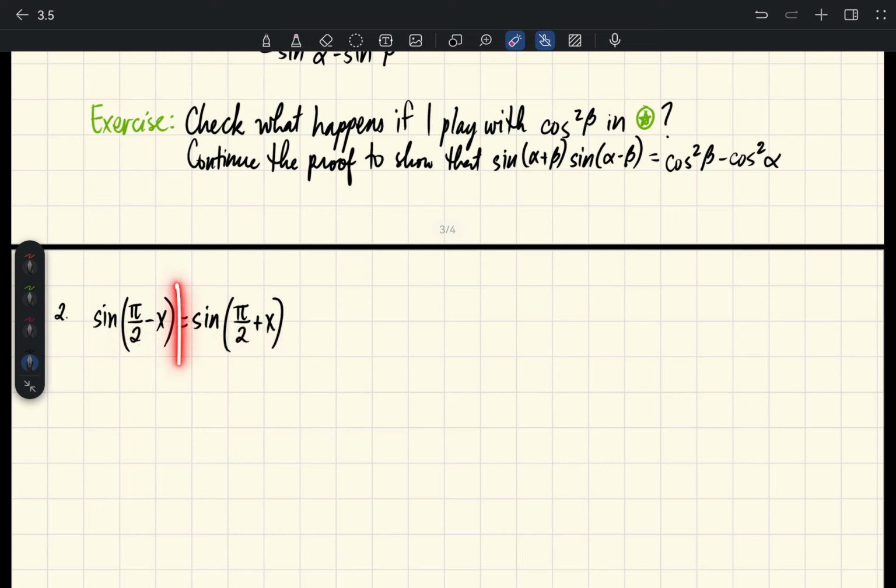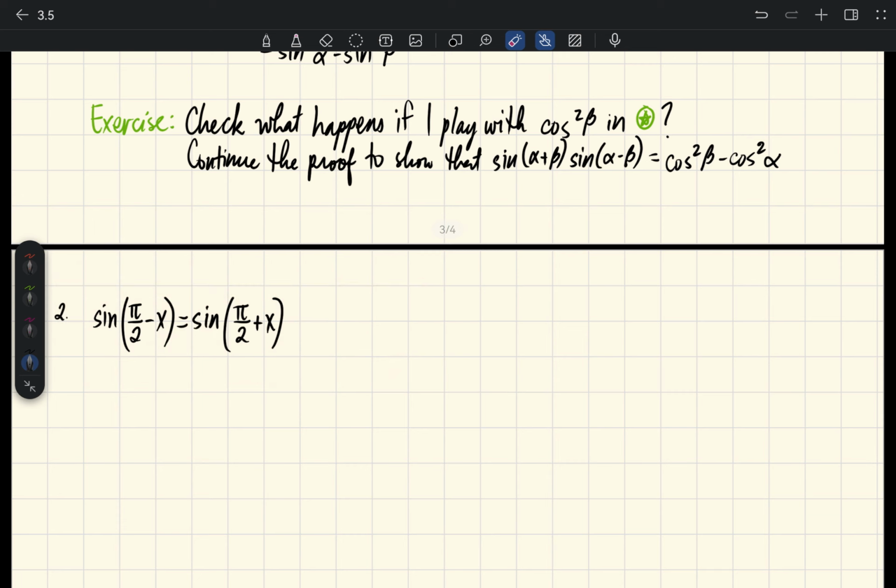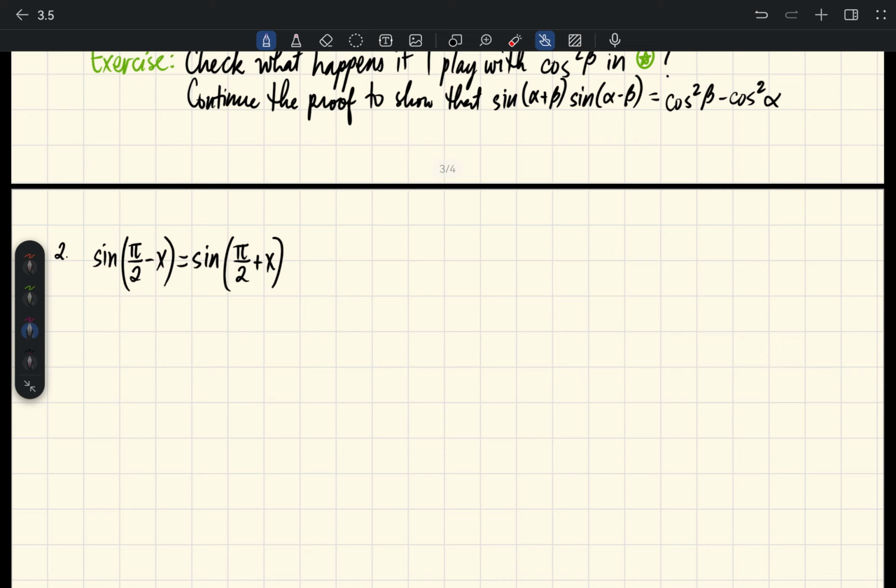This one right here, we already know: it's just cosine x. But this one right here is something that we are not yet really familiar with. So what can we do here? Obviously, this one is quite useless since we're already familiar with it. It's just cosine x. So maybe let's play with the right side.